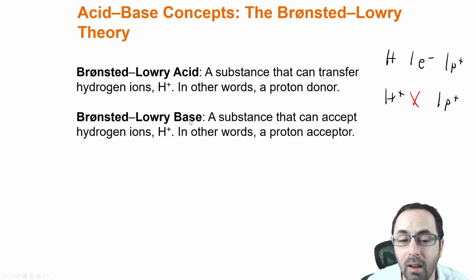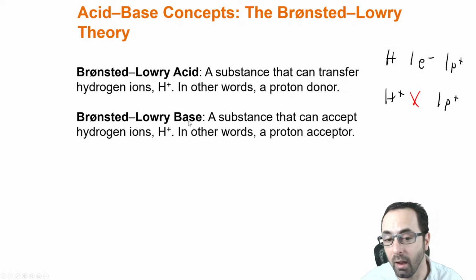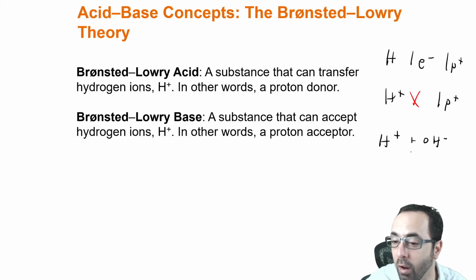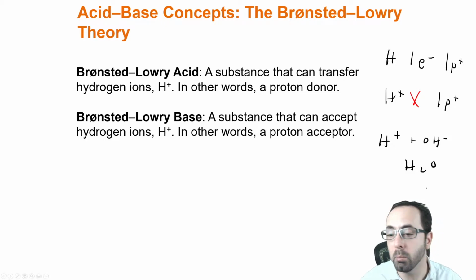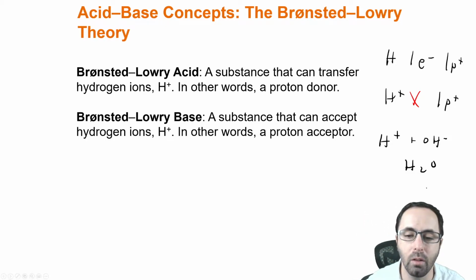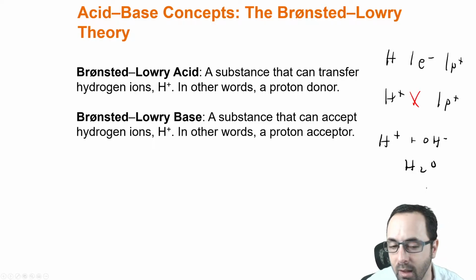Hydroxide is a substance that does accept a proton. You're already aware that if you have H plus and hydroxide, and the hydroxide accepts the proton, that makes water. But hydroxide isn't the only substance that can accept a proton. There are lots of other substances that can accept protons.